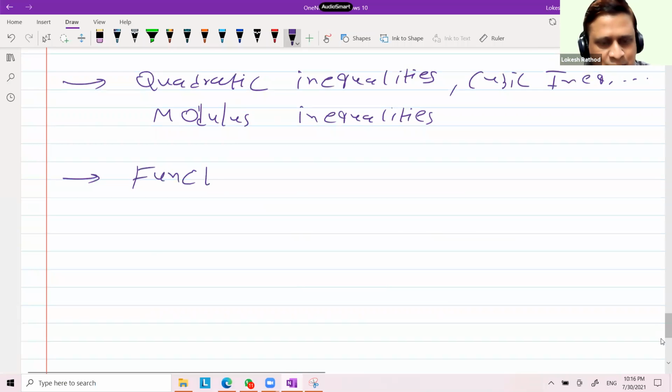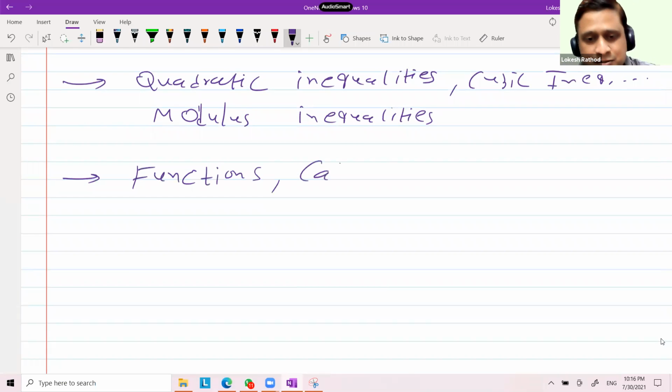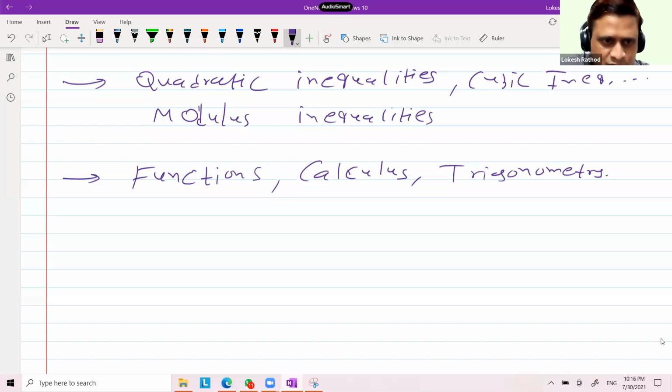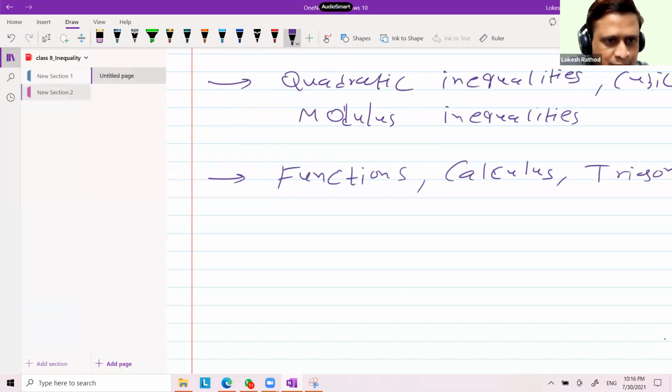Relation and functions chapters will be there in 9th and 10th. Then there's calculus, trigonometry. There are many other chapters where you will be using the concept of inequalities. Okay, so inequality is a very important concept.